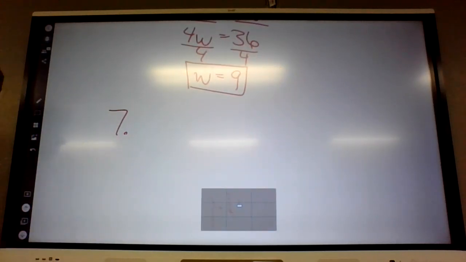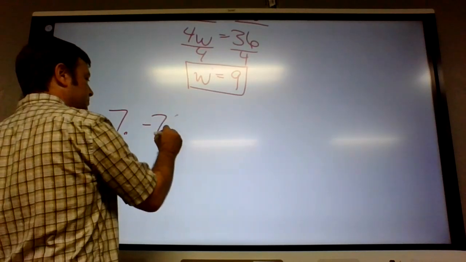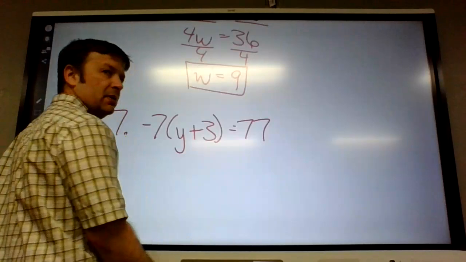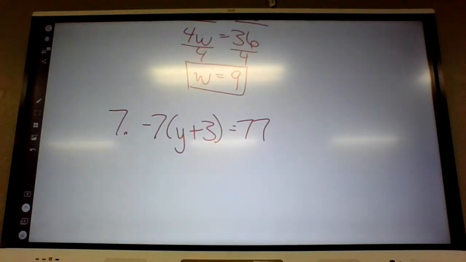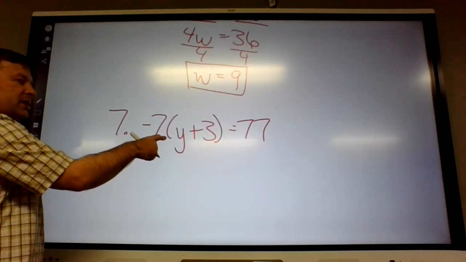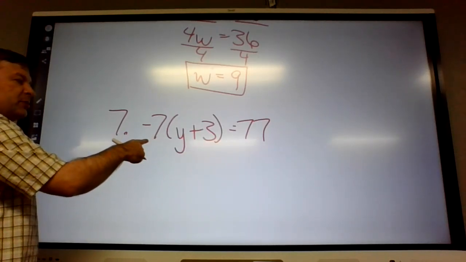Negative 7(y plus 3) equals 7. Alright, let's see. Clara. No? Okay, what does it mean when 7's right next to parentheses like that? Yeah, it means multiply.